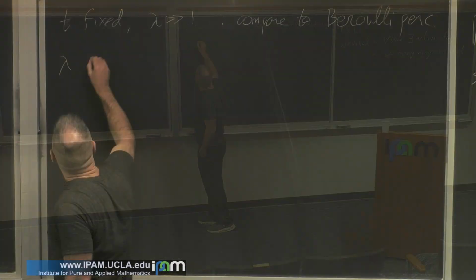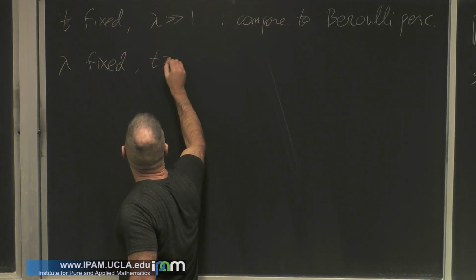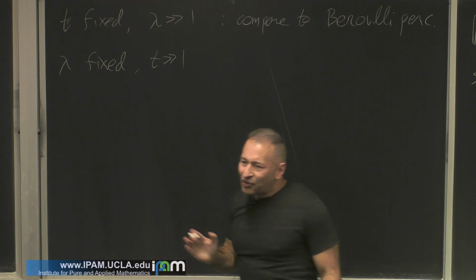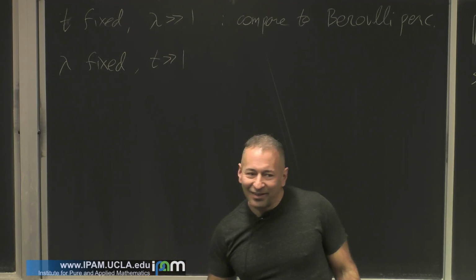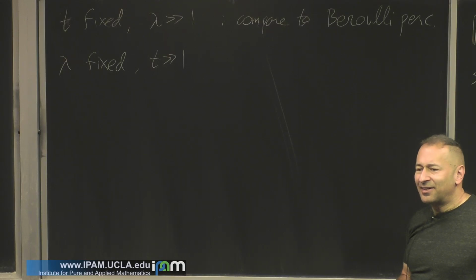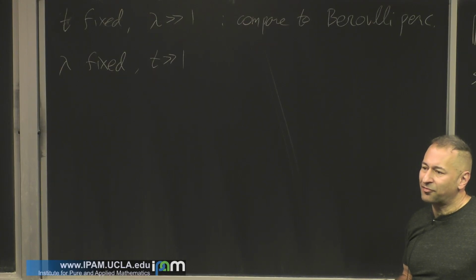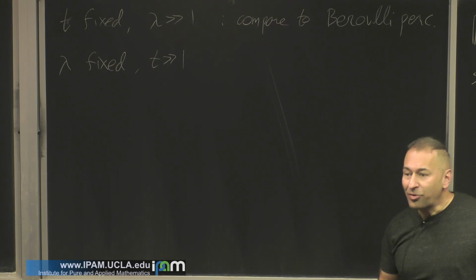If lambda is fixed and t is large, this requires some different ideas, and there are two different arguments. One in the non-amenable case, one in the case of polynomial growth.